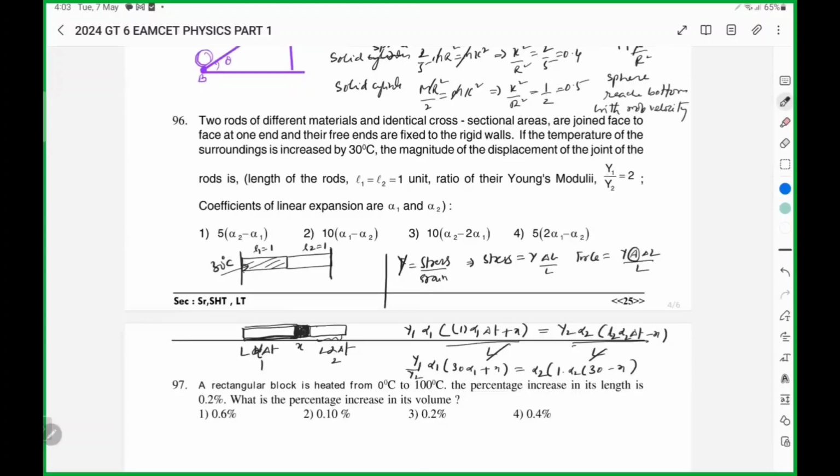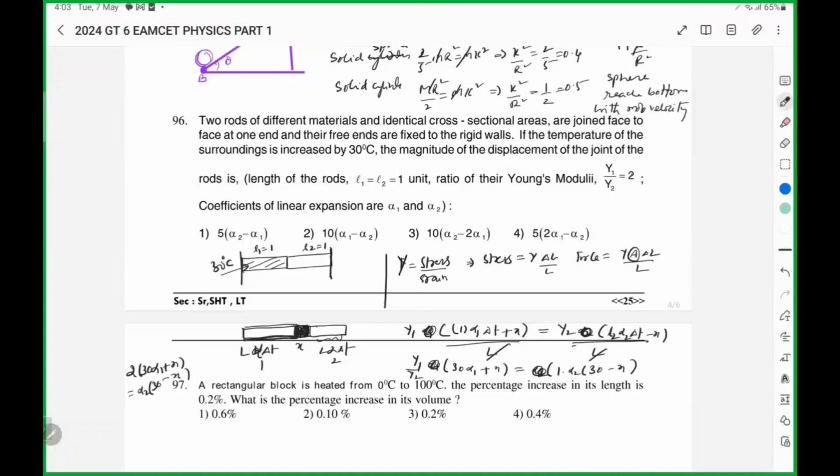Y1 by Y2 is 2, so we write 2 times (30 alpha 1 plus x) equal to alpha 2 into (30 minus x).